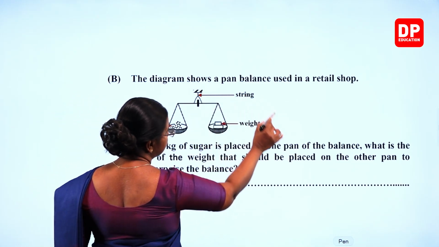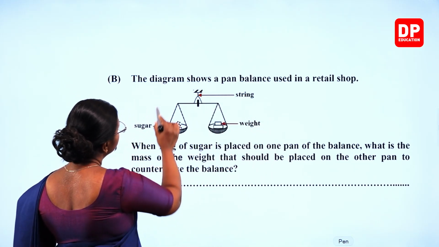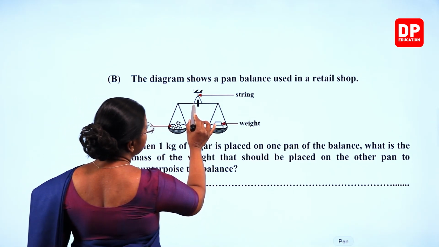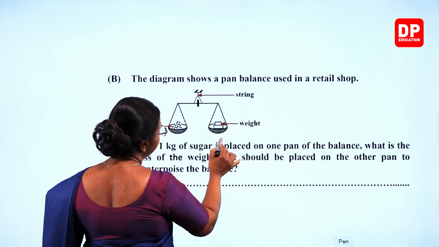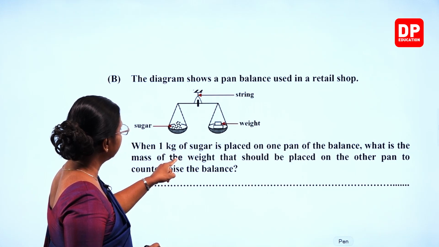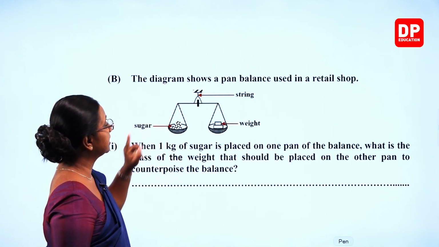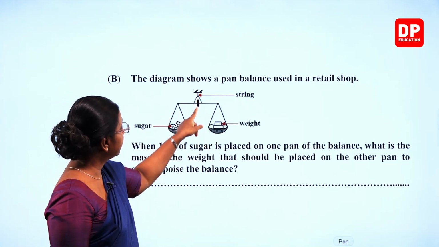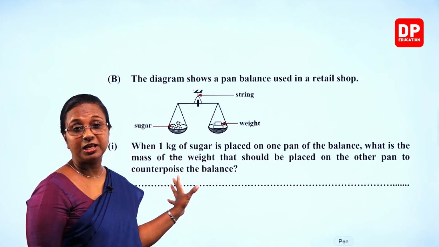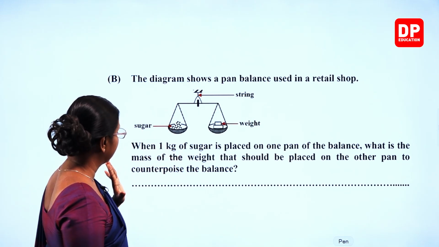This side there is the clockwise moment of force, and this side there is the anti-clockwise moment of force. Why? There is the distance and the weight is the force. So this side also there is the weight, that is the force, and this is the distance, and that is the point of rotation. So you all are familiar with this particular setup, a pan balance.